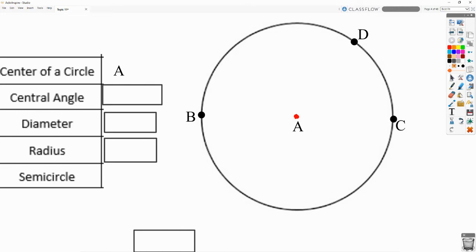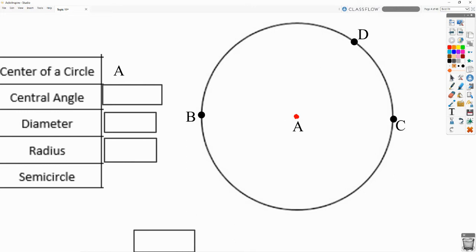Now, I also want you to draw on the circle point B, point C, and point D. Points B, C, and D are all going to be points that are on the edge of the circle. Now, there's a very specific way that we have this set up, and you can see it on the screen right here, and there's a reason that we have it set up that way, and you'll see in a minute, okay?